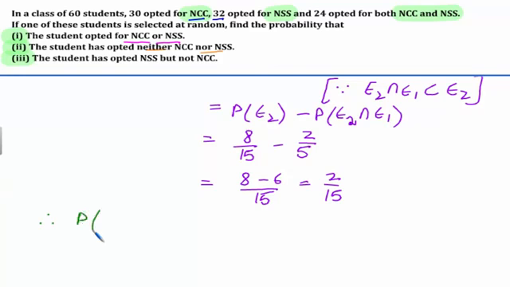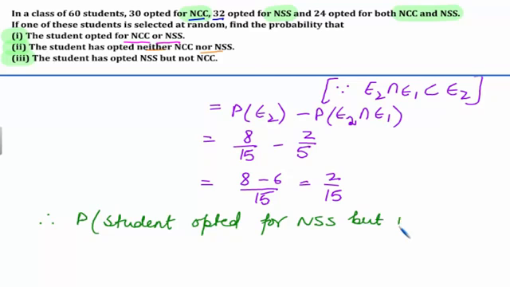Therefore, probability that the student opted for NSS but not NCC is equal to 2 upon 15. So this completes the solution.